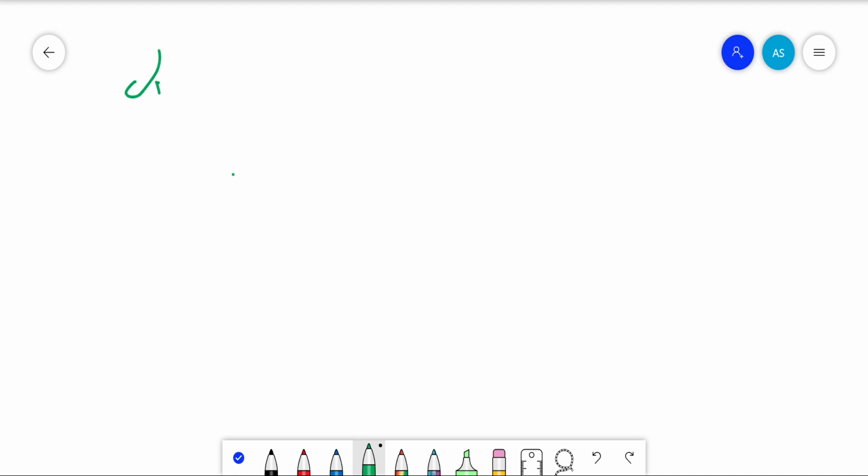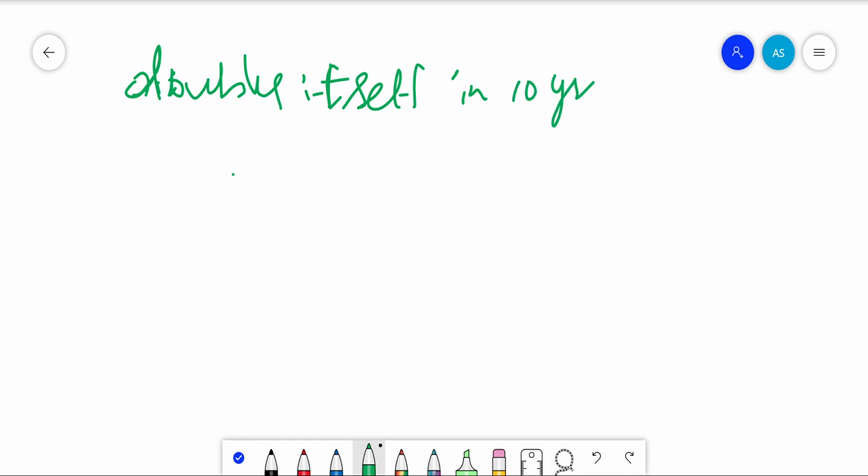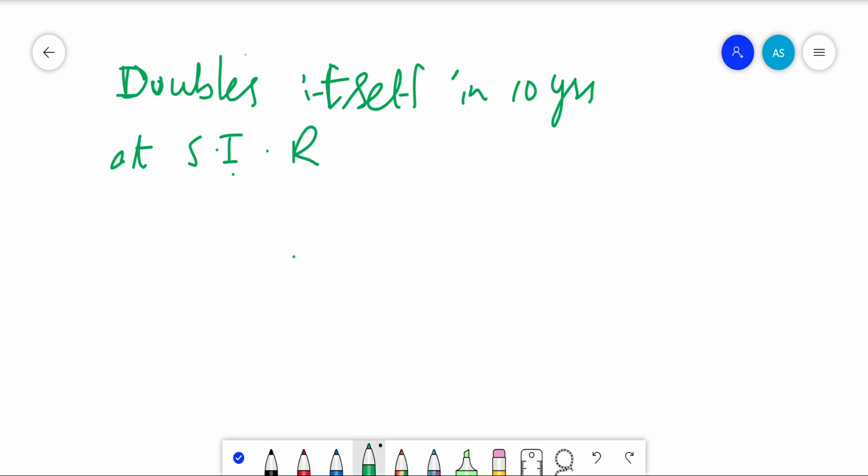A sum of money doubles itself in 10 years at simple interest. Then find the rate of interest. Rate of interest is equal to how much?